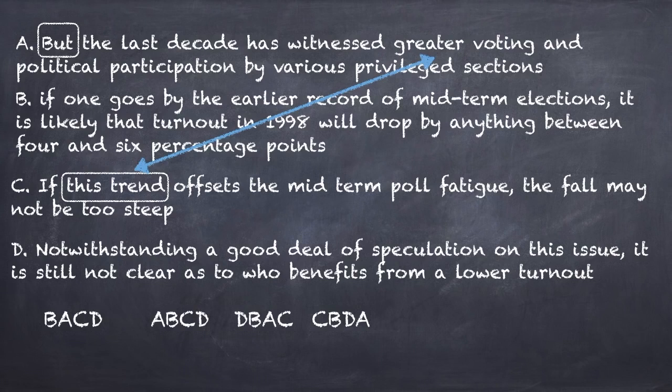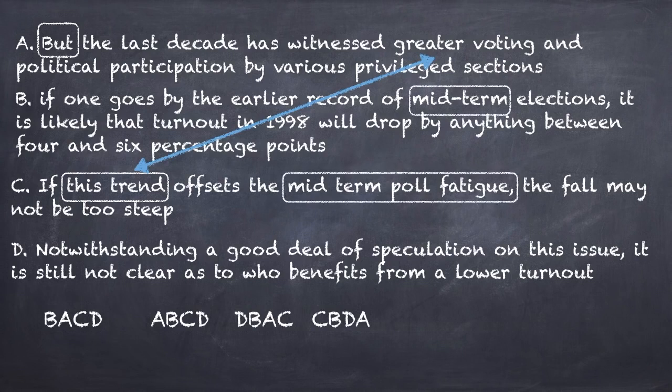I'll have to read a little more. "If this trend offsets the midterm poll fatigue," and midterm poll fatigue is mentioned in statement B. So this trend is not referring to the midterm trend which is in statement B. This trend is referring to the greater voting, right? So that's my connection. I get a connection between A and C. C follows after A. A and C is a pair, right?